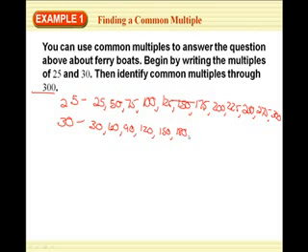We're just adding 30 each time. 180, 210, 240, 270, 300. All right, so when will they be in there together? We've got to find numbers that match. At 150 minutes, that'll be the first time they come in together. And looks like 300, huh?